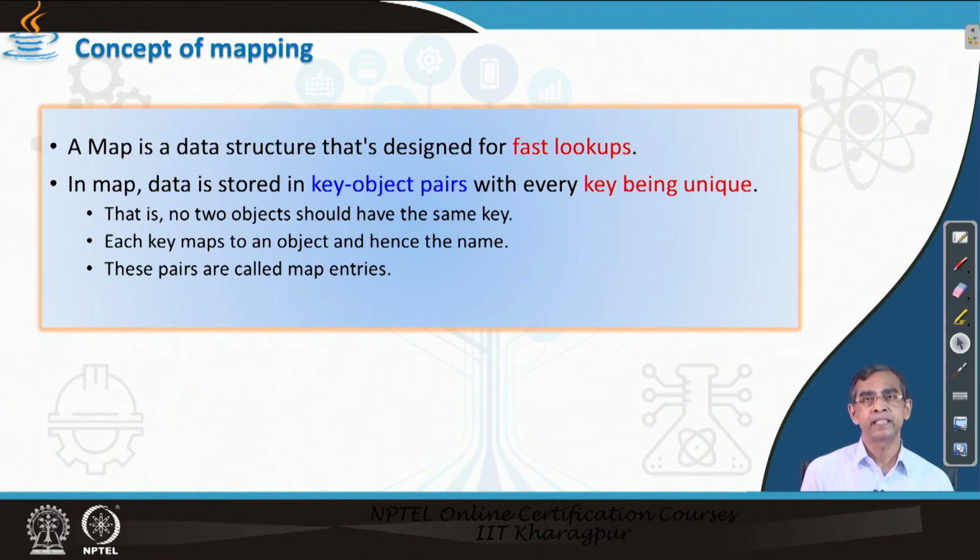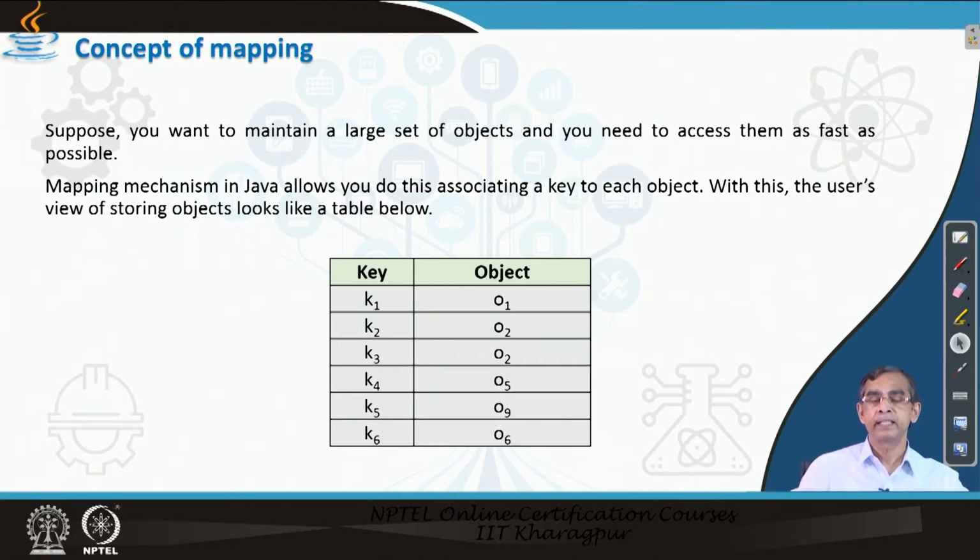Two different objects should have different key values. So, it is very good for fast searching, and each key maps to an object, and this mapping can be obtained by a mapping formula. It is called the hashing concept.